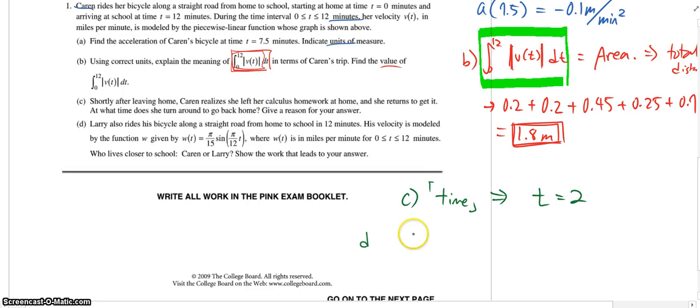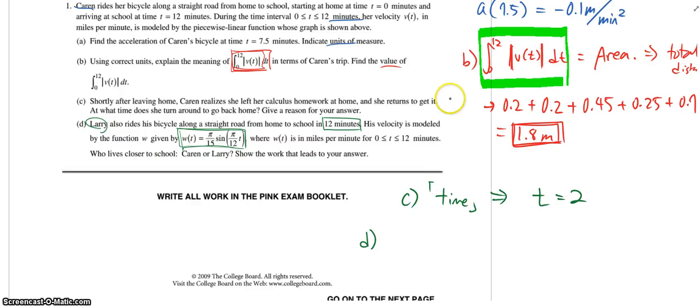So part D, there's a new character called Larry, and Larry also travels to school for 12 minutes, but his velocity model is different from Karen's, given by the formula here. We have to find who lives closer to the school, Karen or Larry. In this case, we've got to be careful.